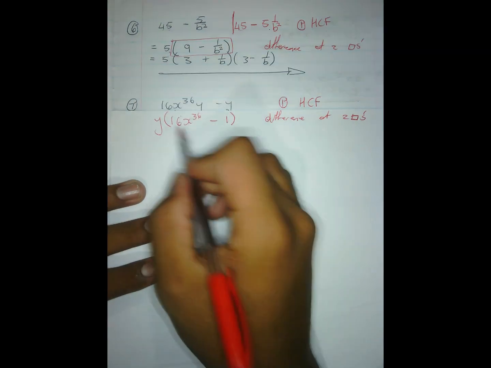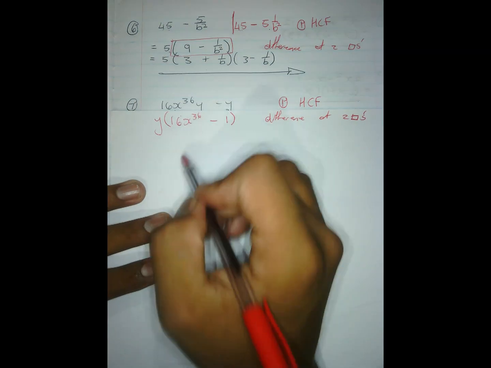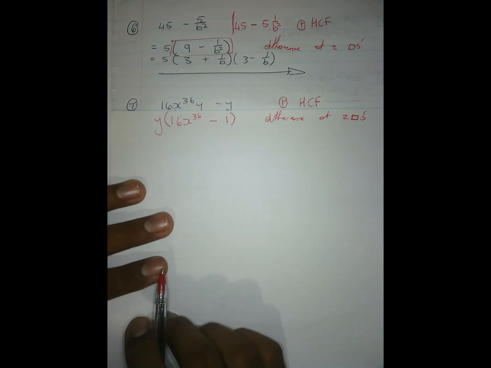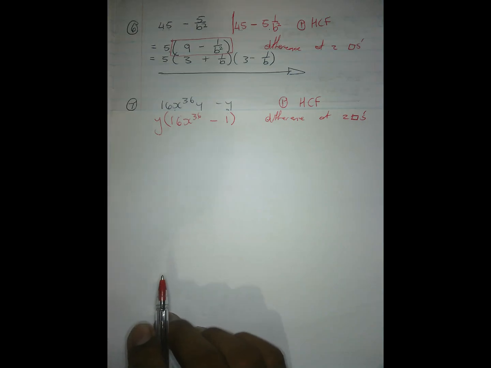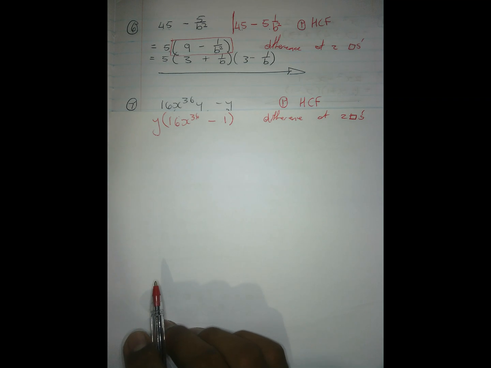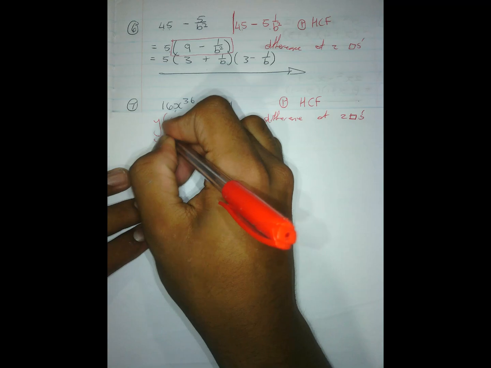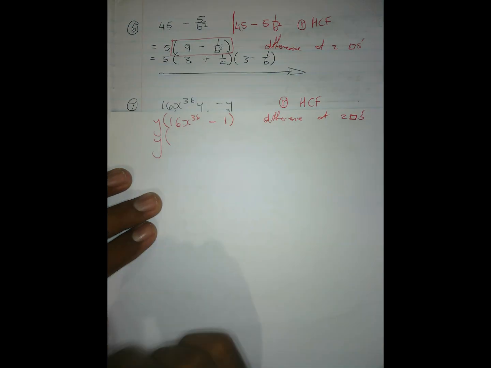And also this 36, this is to the power of 36. This 16x to the power of 36 can be squared. Alright? So 16x to the power of 36. Then I'm gonna put my difference of two squares brackets, right?